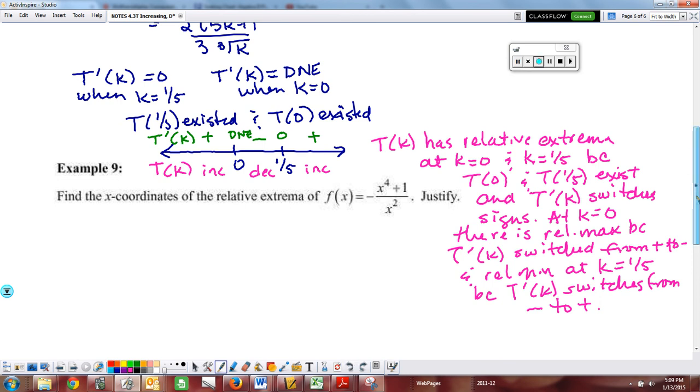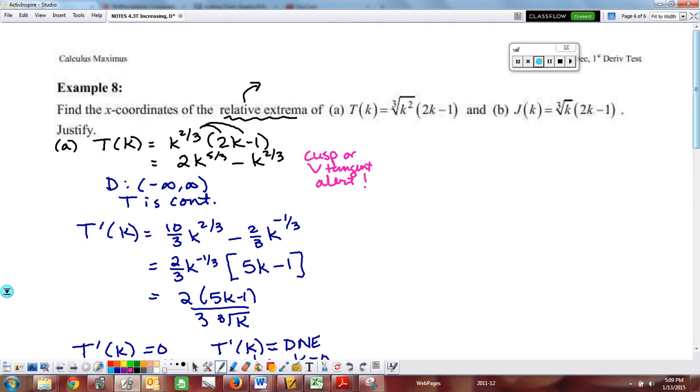Alright, so now let's take a look at part B here. In part B, it's a very similar problem in that we have a similar function. We do have a cusp alert, so J of K. I am going to multiply this through, so I'm going to end up with 2k to the 4/3 minus k to the 1/3.